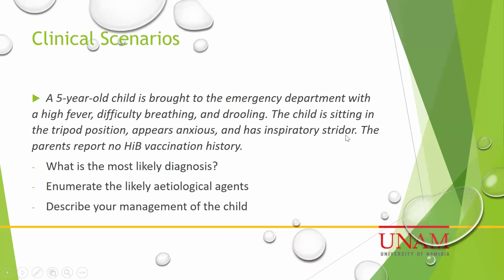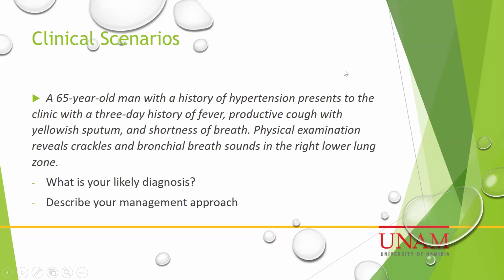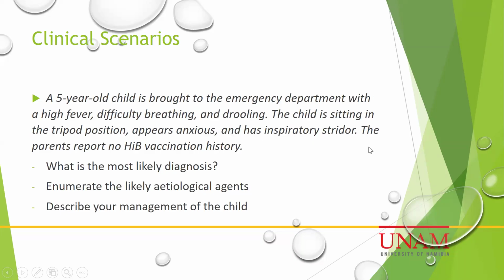Yes, it was Haemophilus influenzae type B. Beautiful. Okay. How will you manage this patient? What is your priority here? The priority for this patient is mostly the nebulizations with steroids and provide the vaccine for Haemophilus influenzae type B.